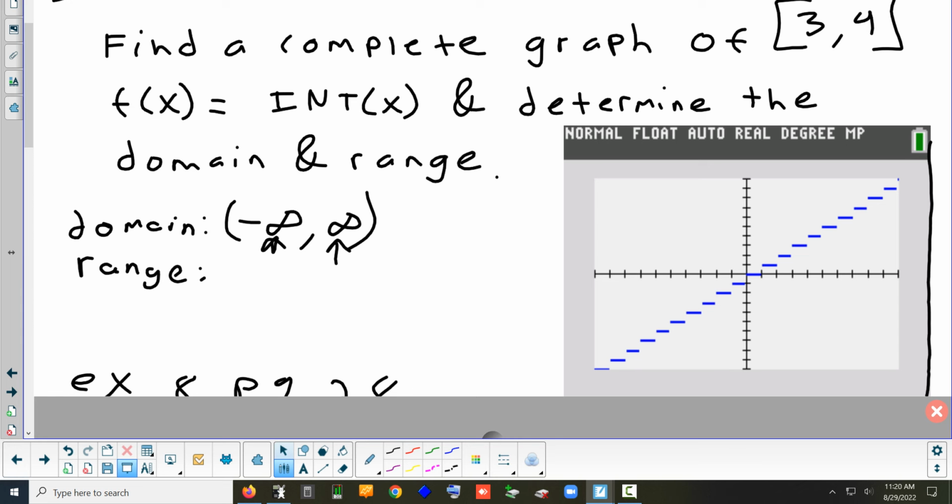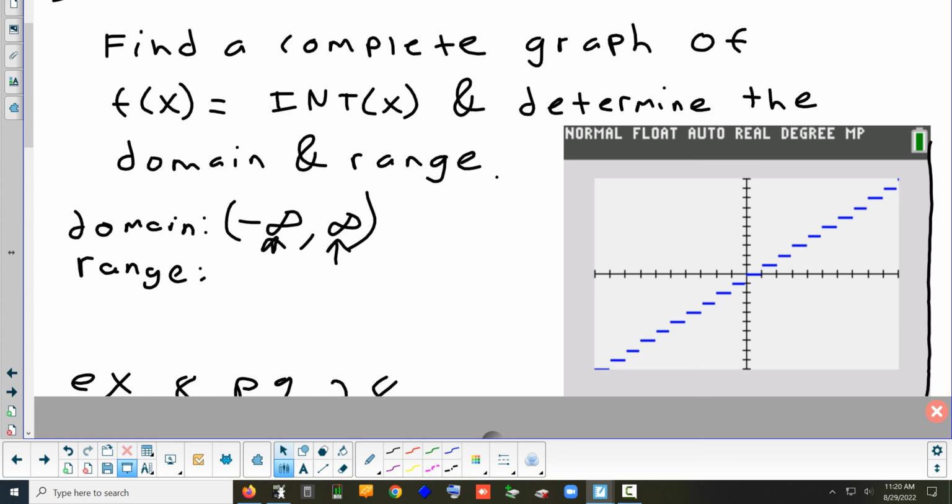Well, this means to use every number between negative infinity and infinity in your domain. But you can't include infinity. Including it means you can reach it. I can reach 4. I can't reach infinity. So that's why you always put a parenthesis on infinity.